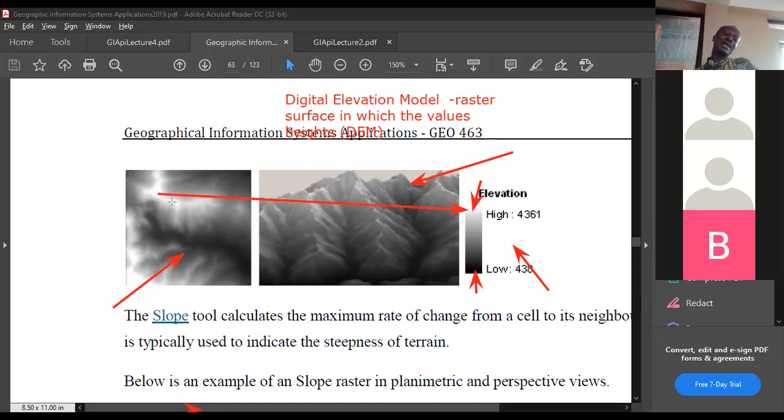So these places are higher than the black. When we have black, that means it's a low value. So this is how DEMs work, but DEMs can be used to generate slope values.